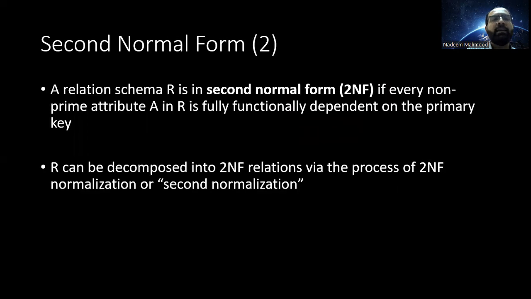A relation is in second normal form if every non-prime attribute A in R, meaning all those attributes which are normally called non-key attributes and are not part of the key, is fully functionally dependent on the whole primary key. Whenever we talk about second normal form, we refer to the non-key attributes and see whether they are fully functionally dependent on the primary key or not. If that is not the case, then the process breaks or decomposes the relation.